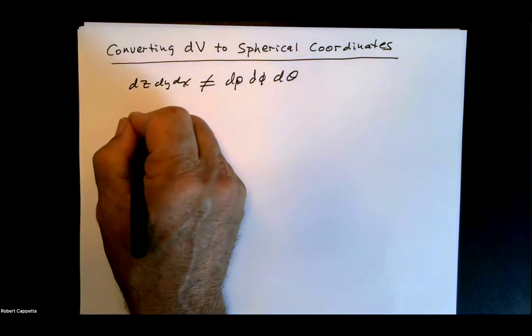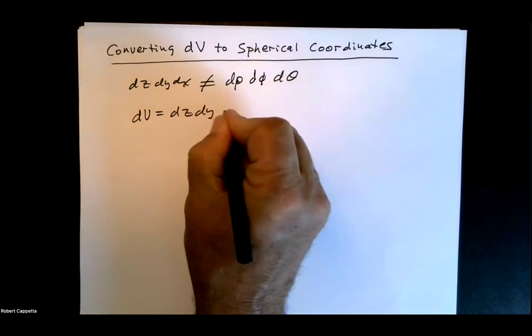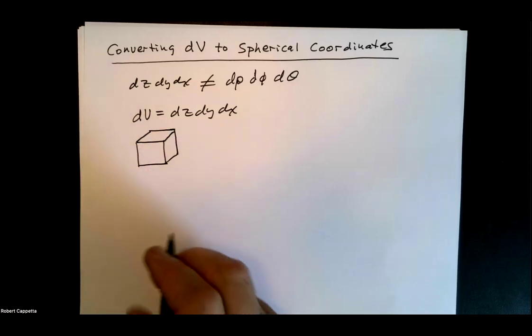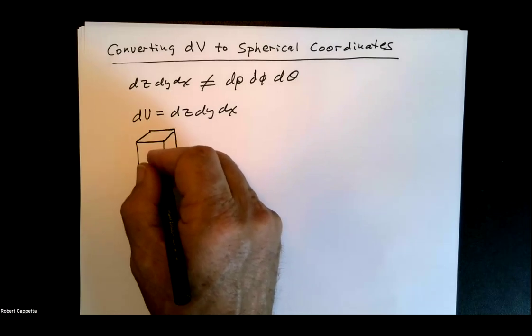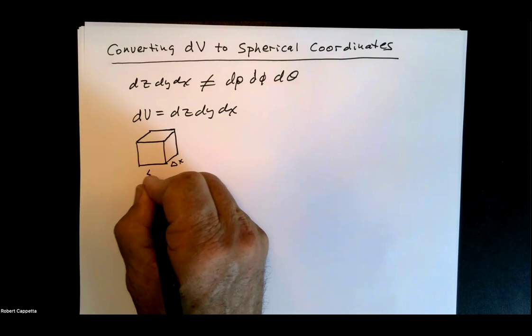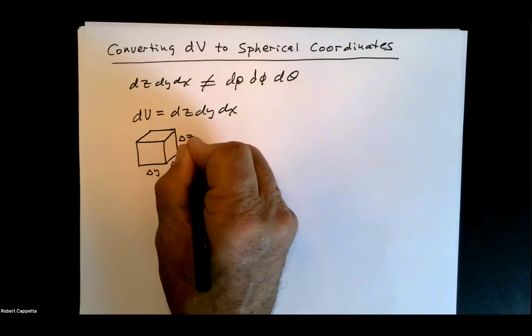So let's talk about dz dy dx. That, of course, is dV. Yes, the rate of change of volume is dz dy dx. Why? Where does that come from? We decompose our solids into little rectangular blocks like this, and we can find the volume of that one if we call this distance change in x, this one change in y, this one change in z.